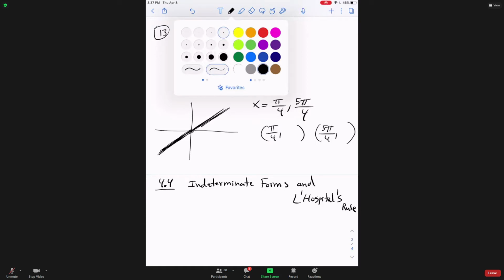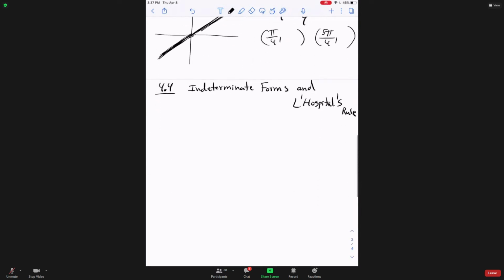So here it is. If the limit as x approaches a of f of x over g of x is 0 over 0, or any form of plus or minus infinity over plus or minus infinity.